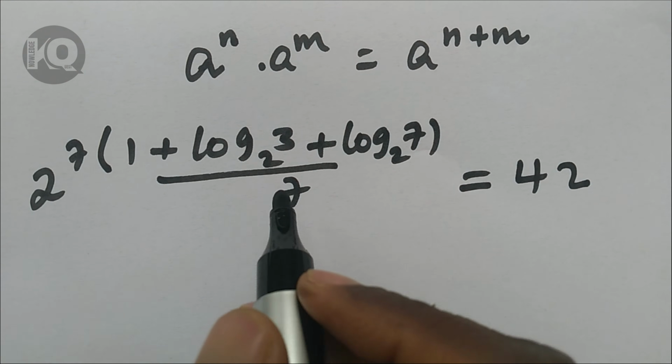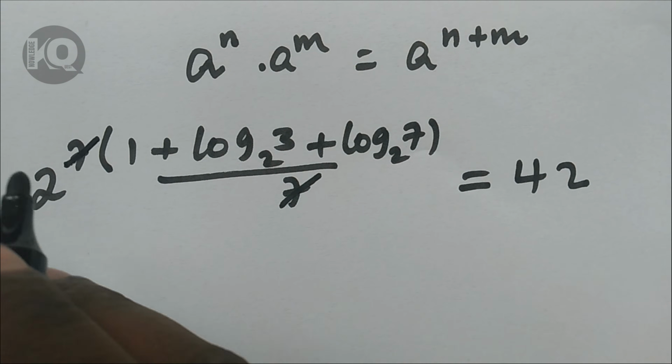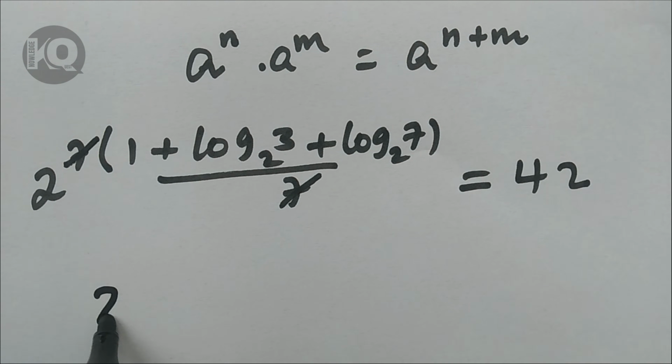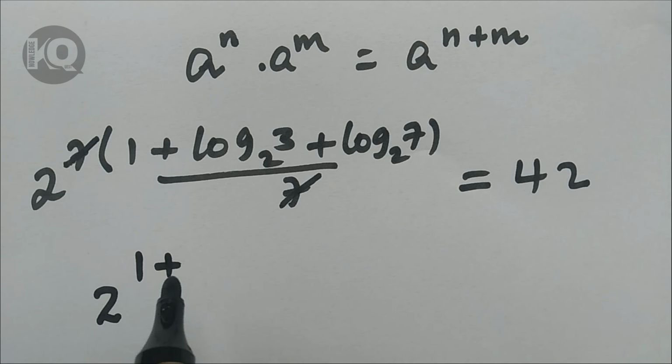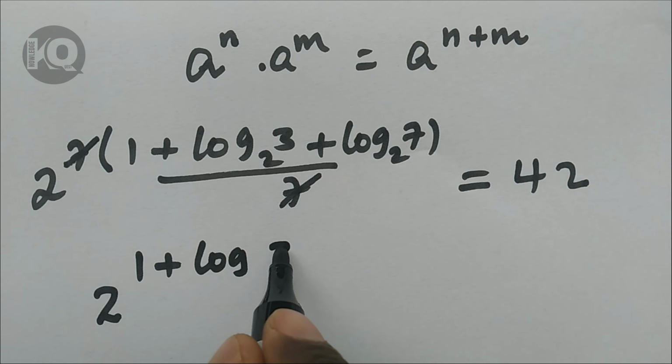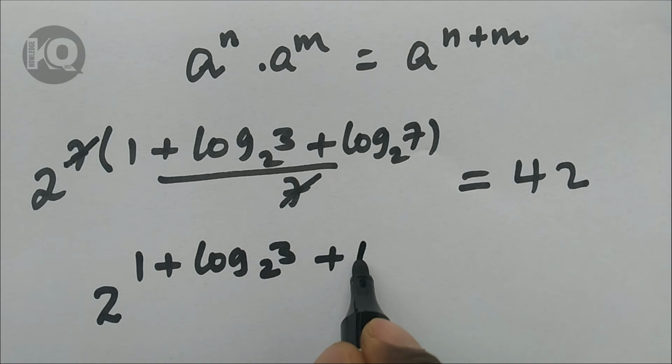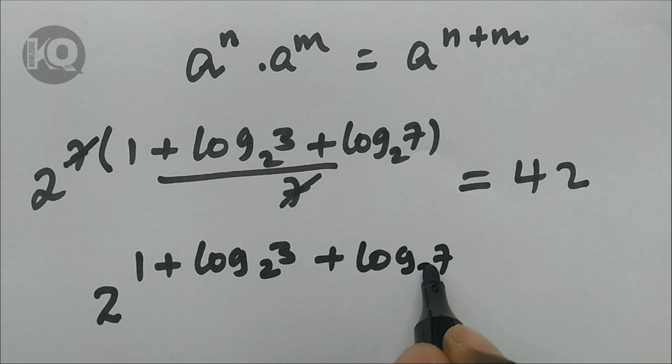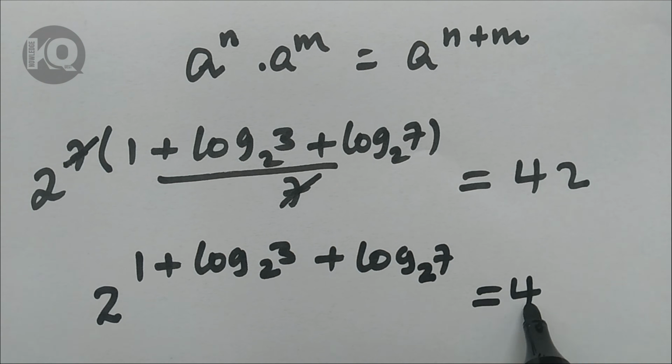So this 7 is cancelled, and the remaining will be 2 to the power of 1 plus log of 3 to the base 2 plus log of 7 to the base 2, which is equal to 42.